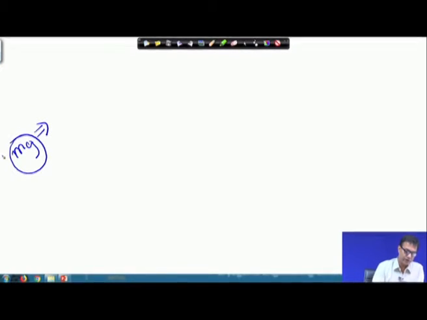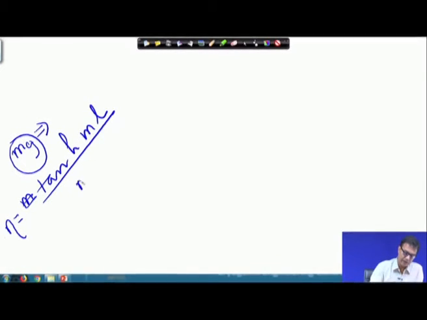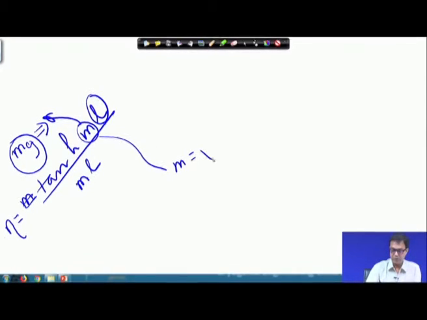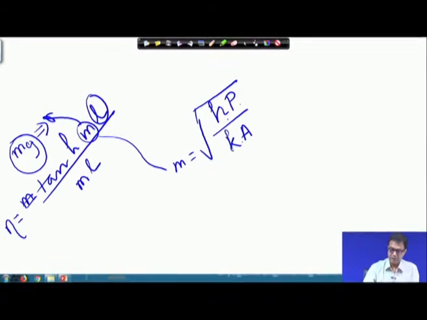This is not the flow rate, this is related to the fin, where the fin efficiency is tanh(mL) divided by mL. Here m is equal to root over h P by K A. h is the heat transfer coefficient, P is the perimeter, K is the thermal conductivity of the fin material, and A is the cross-sectional area.